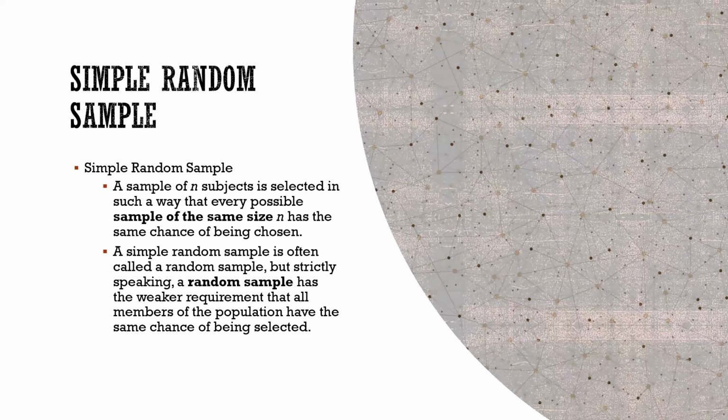If I chose these three, it's as likely the three of you will be in the study as any other three. So there are ways to select people randomly that do not select them simply randomly.